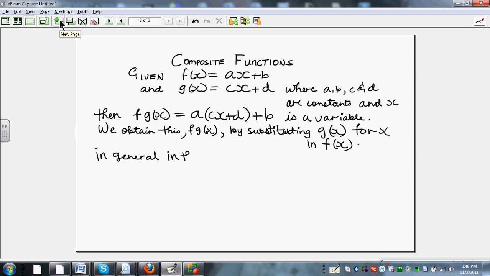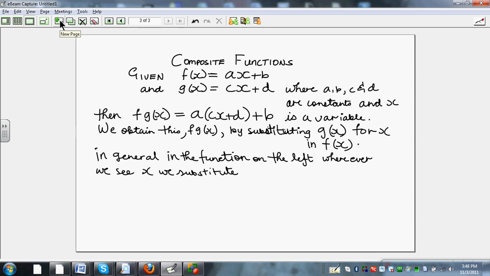What we say is, in the function on the left, wherever we see x, we substitute or replace it with the function on the right.